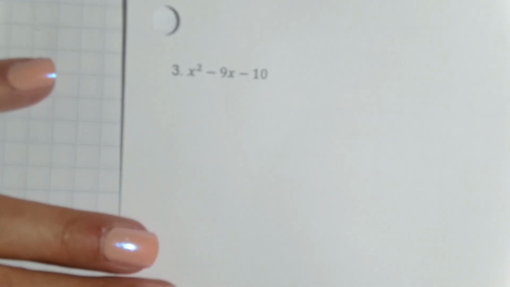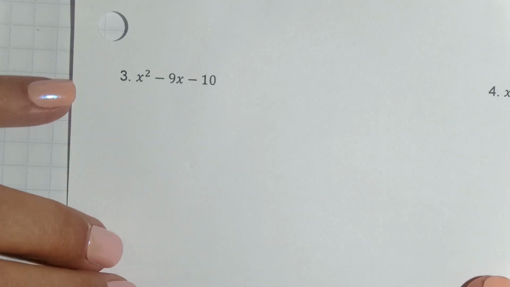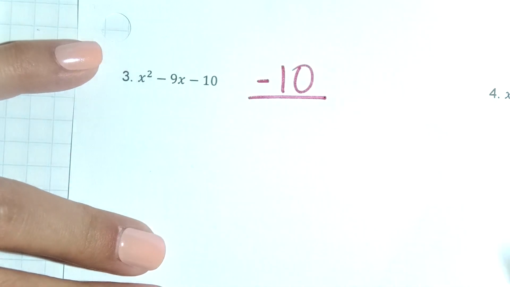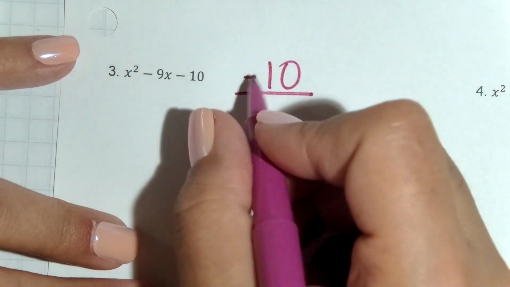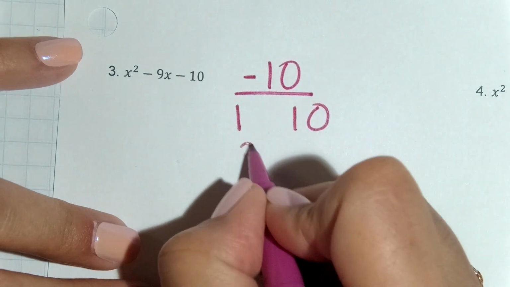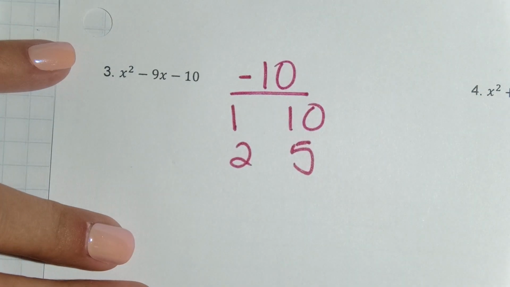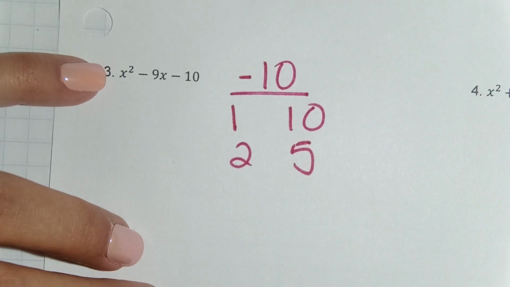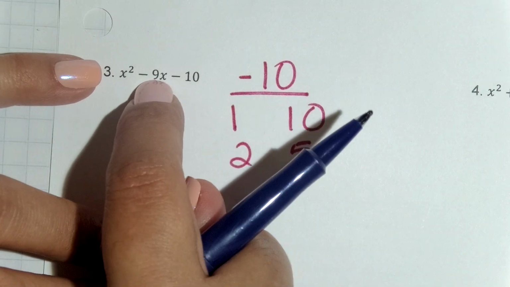What do we need factors of? Negative 10. So we have 1 and 10, 2 and 5. What do we need to add to? Negative 9.